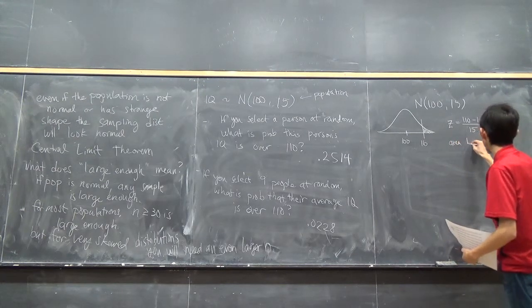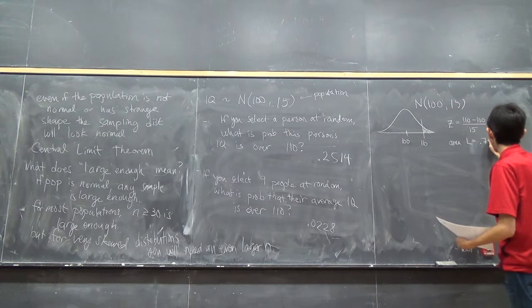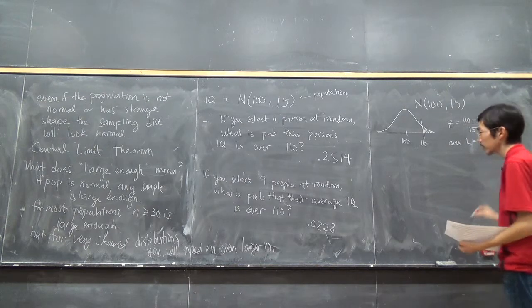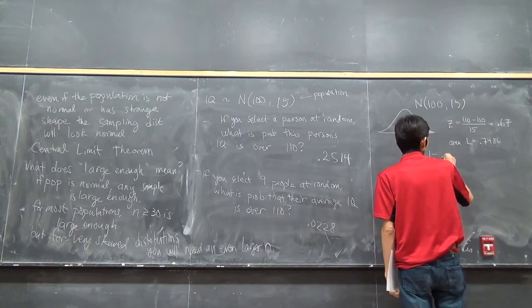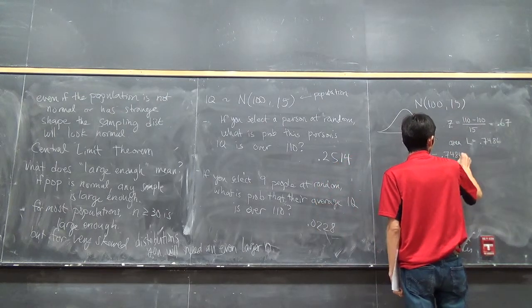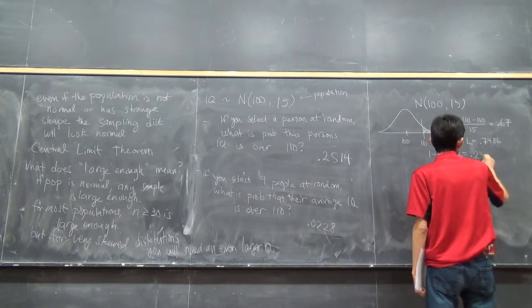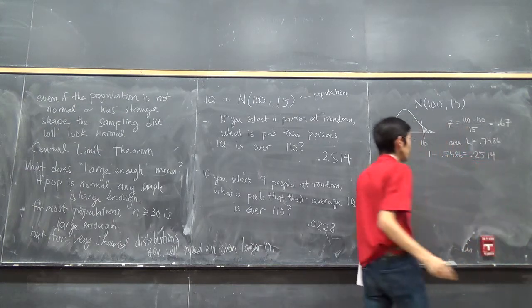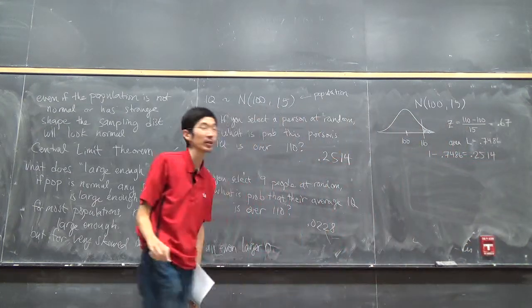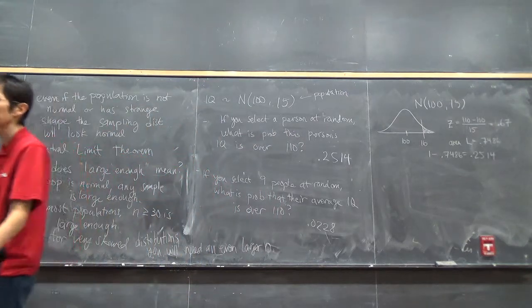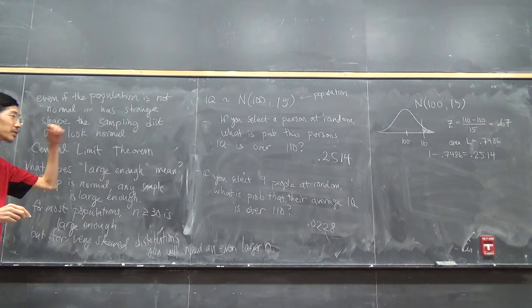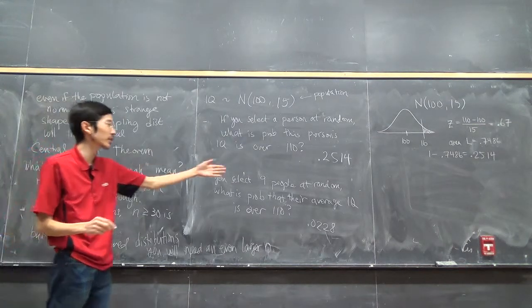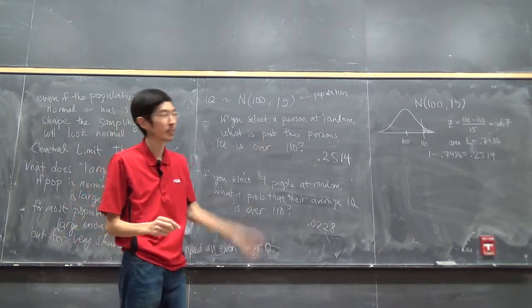So the area to the left is 0.7486. I can subtract that from 1, and I get 0.2514. Or conversely, I could have looked up the area to the left of negative 0.67, and I would have gotten 0.2514. So there's about a 25% chance that a randomly selected person has an IQ over 110.